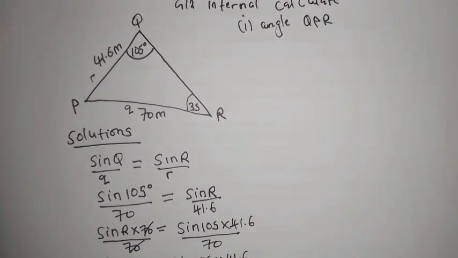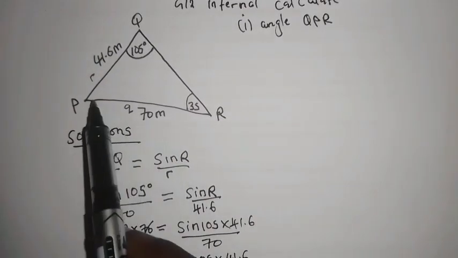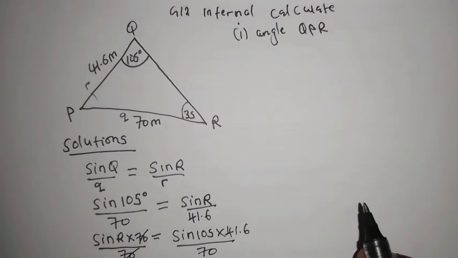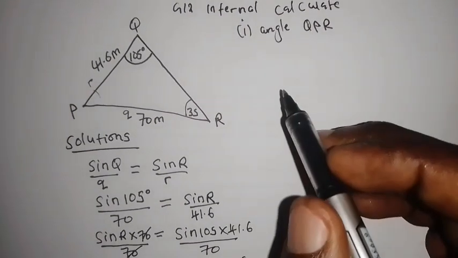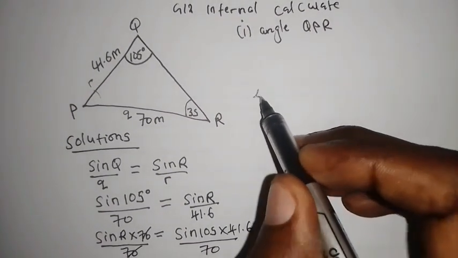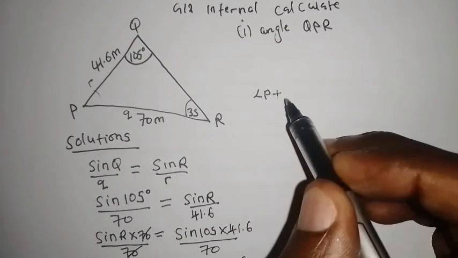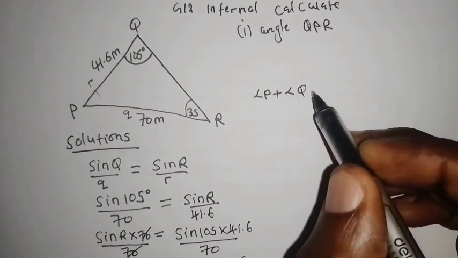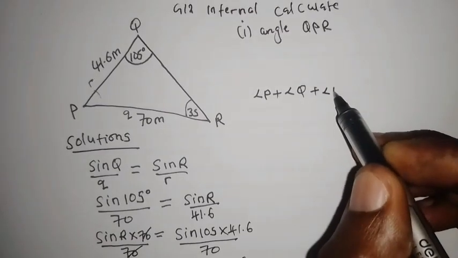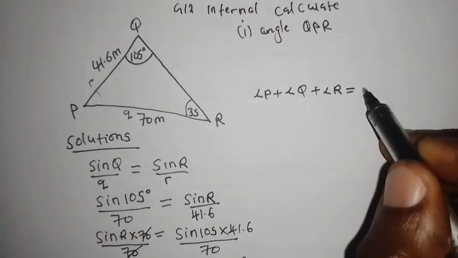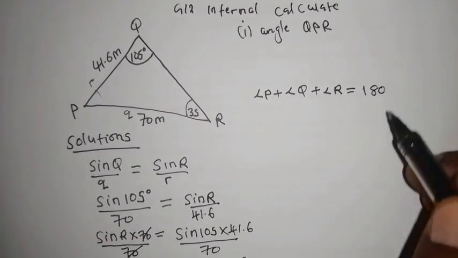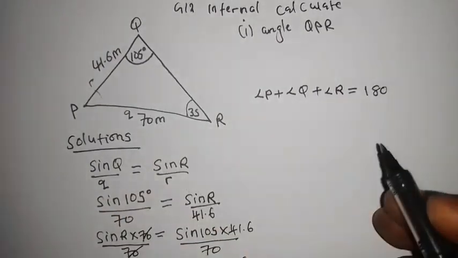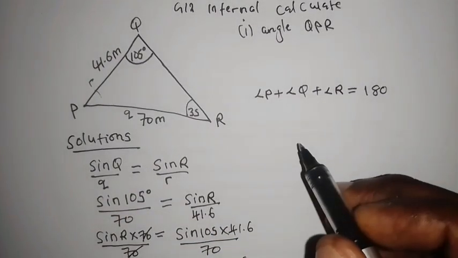Now it is very possible for us to find this angle P. How do we find angle P? Angle P plus angle Q plus angle R must give us 180, because the sum of angles in a triangle is always 180.